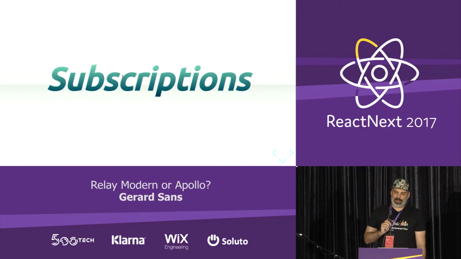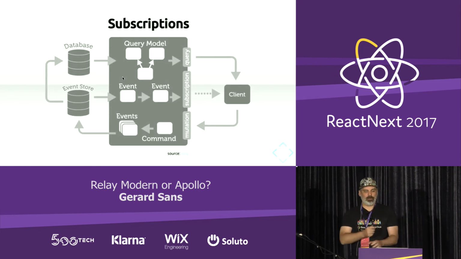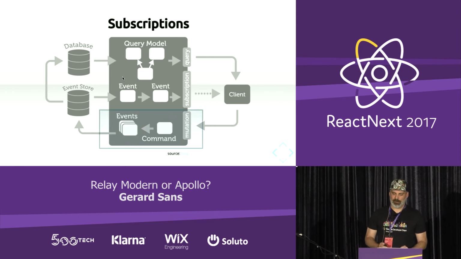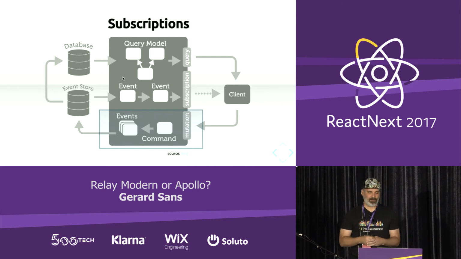I also tried subscriptions, so that was also easy for me to add to both of my solutions. And subscriptions work in this specific way. The way we implement subscriptions in GraphQL is by creating these commands that will work on the GraphQL server, and they will be listening for our mutations and will create these events.